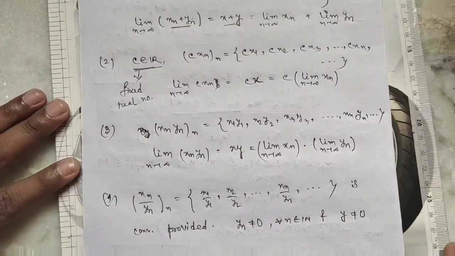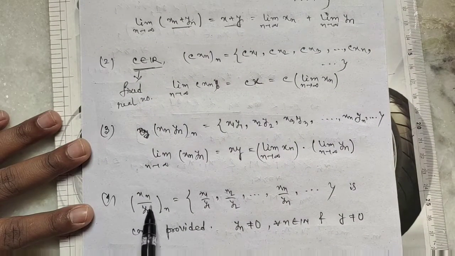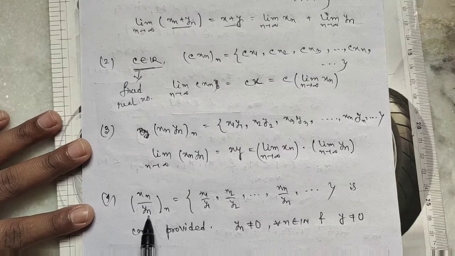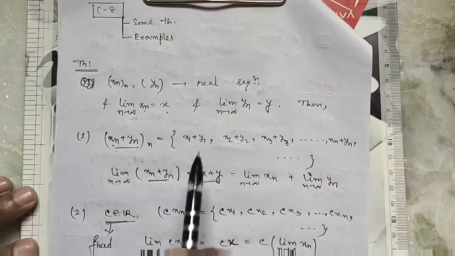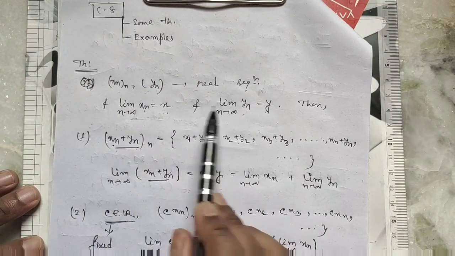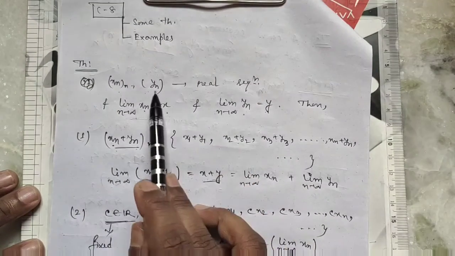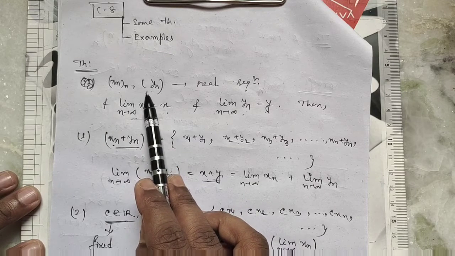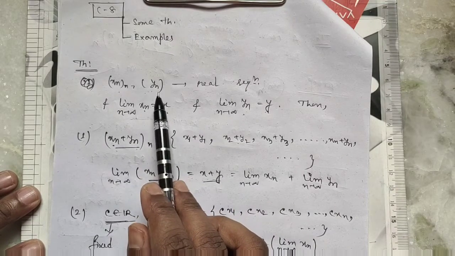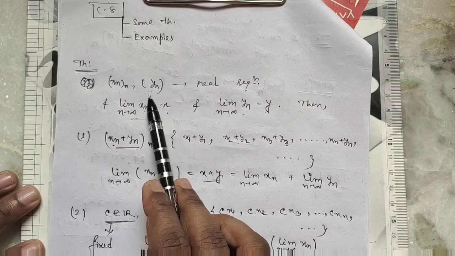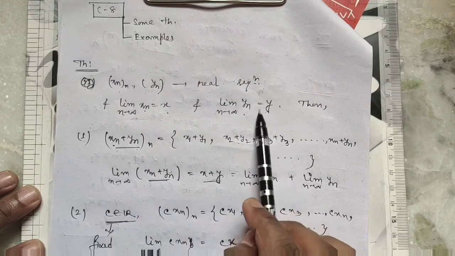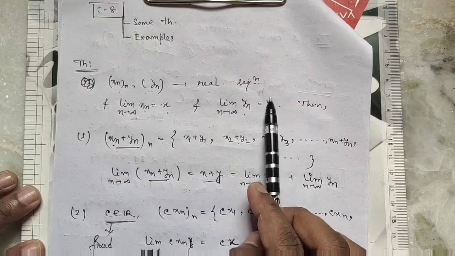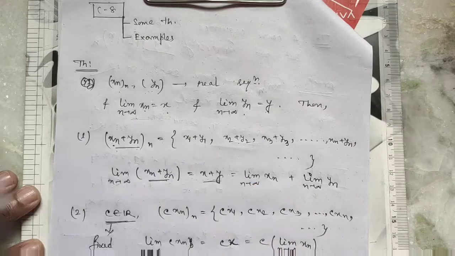That is, yn is a real sequence such that no term is 0, every term is non-zero, and the limit y is not 0.